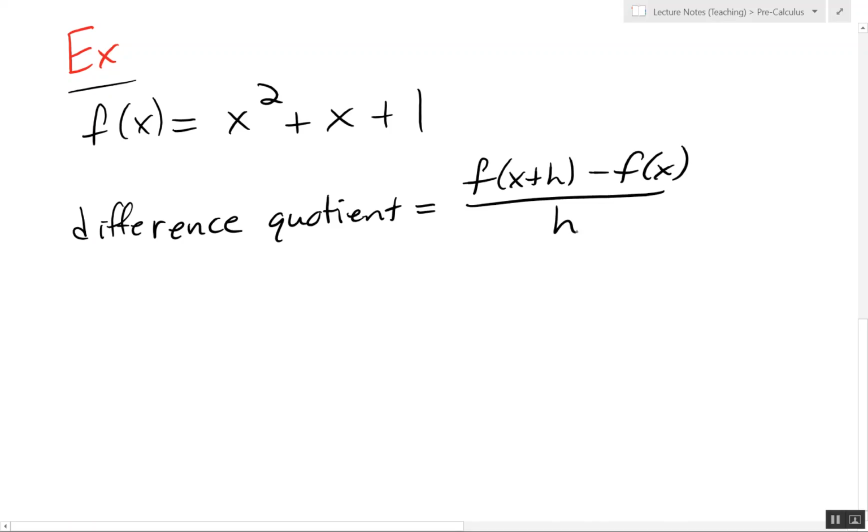So notice that this x plus h in the parentheses right here, we're going to have to treat this term in the numerator like we did with our last example from the previous video where we took x and replaced it by x minus some number. So it's going to be the same type of procedure.